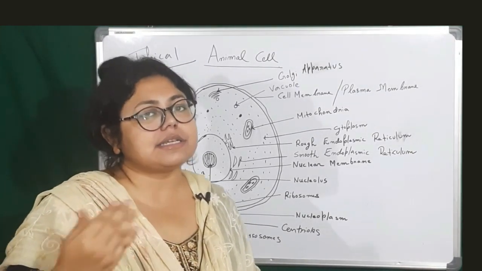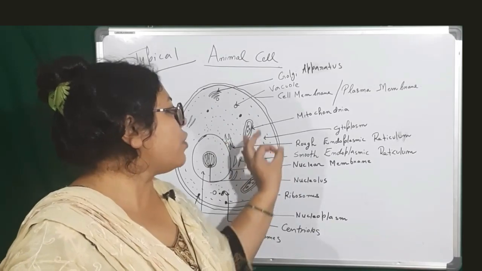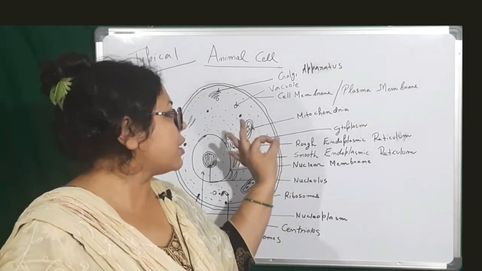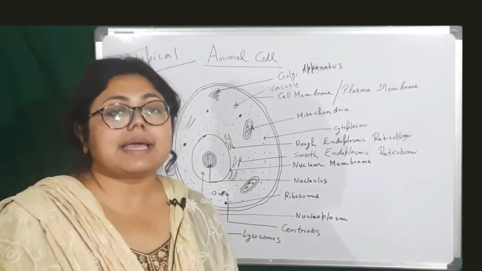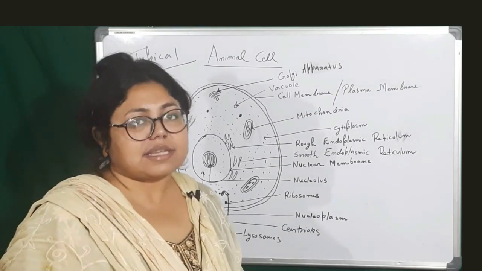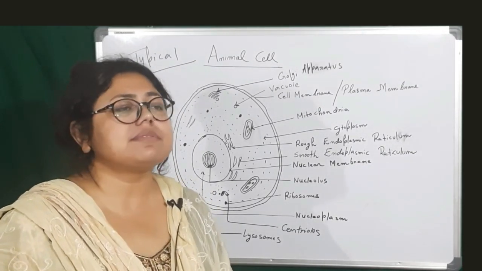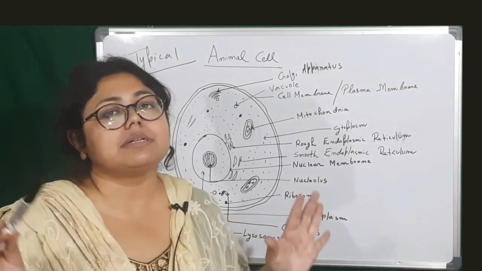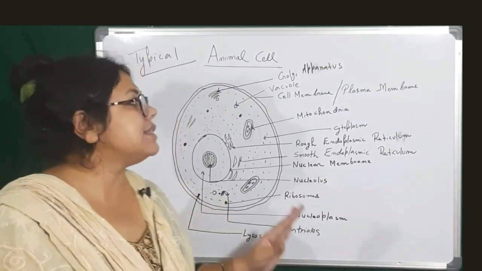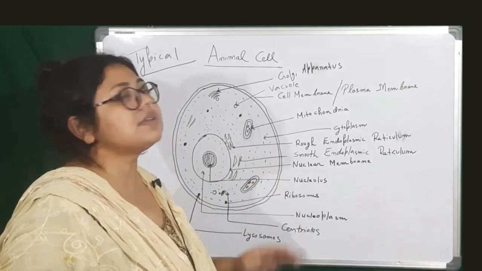In that case, it is okay to only point out which organelle is which. But in the case of a descriptive board, like the state board, sometimes they say draw a typical animal cell. In that case, these are the things which are desired.